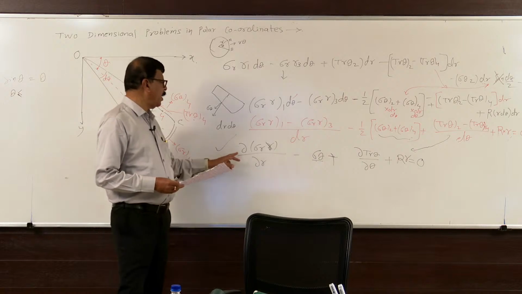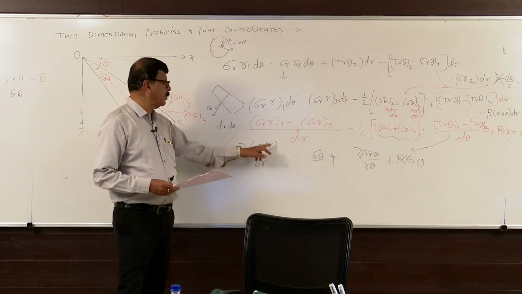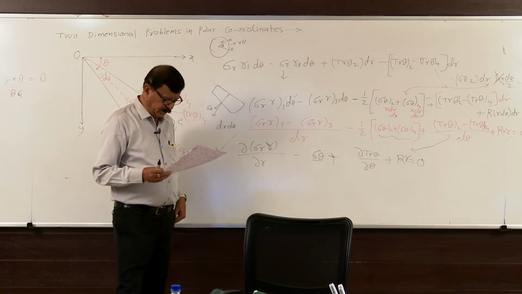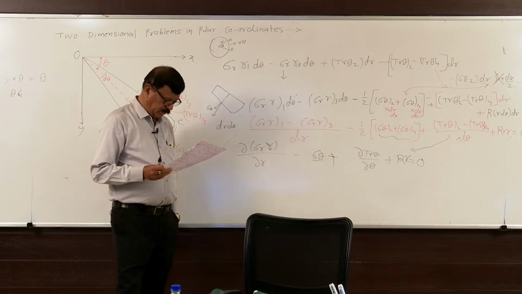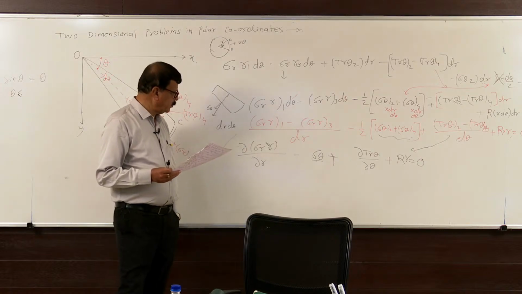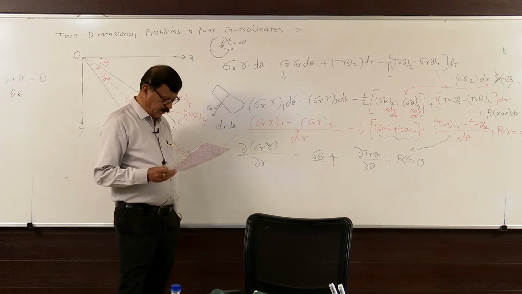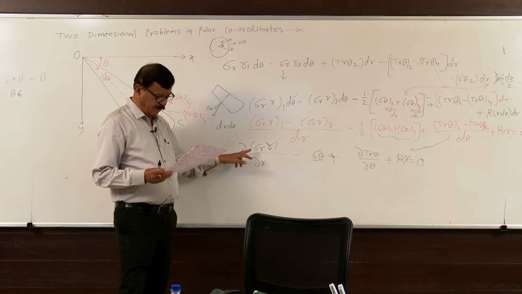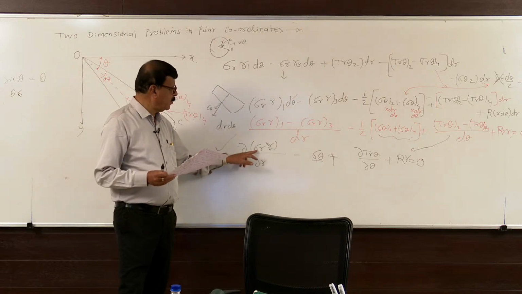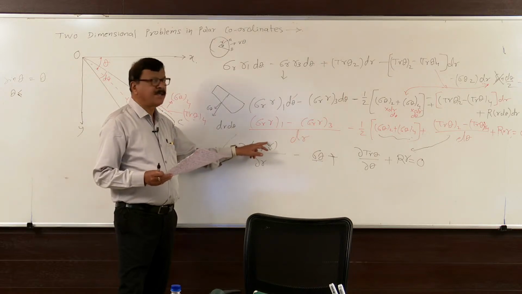Now d by dr of the multiplication of the two. So it is first term and differentiation of the second.